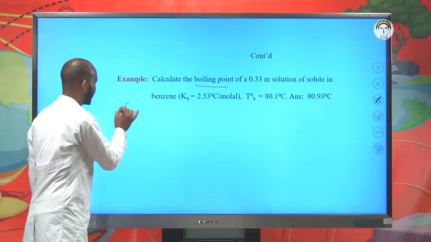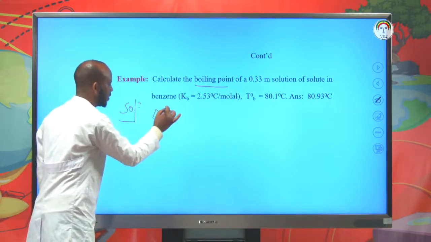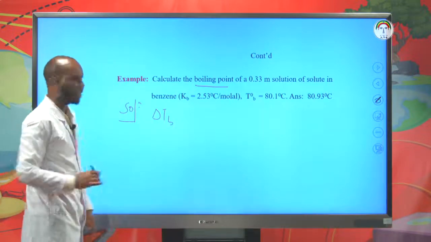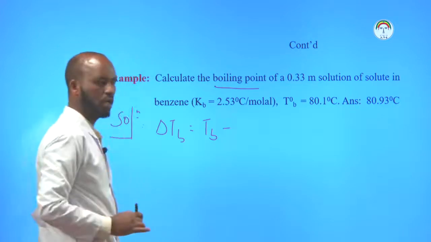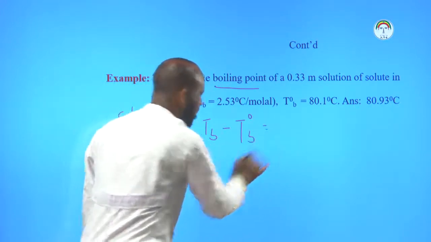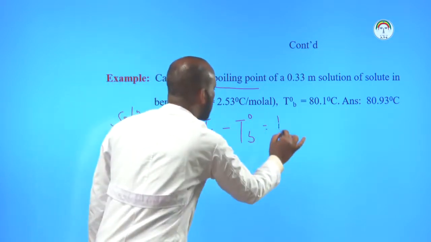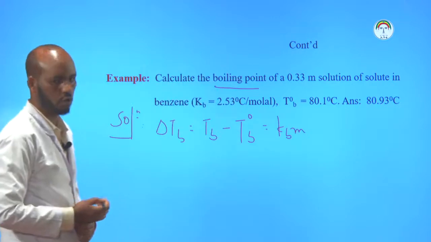Therefore, delta TB, boiling point elevation, equals boiling point of the solution minus boiling point of a pure solvent T0 B, equals Kb times molality of the solution.